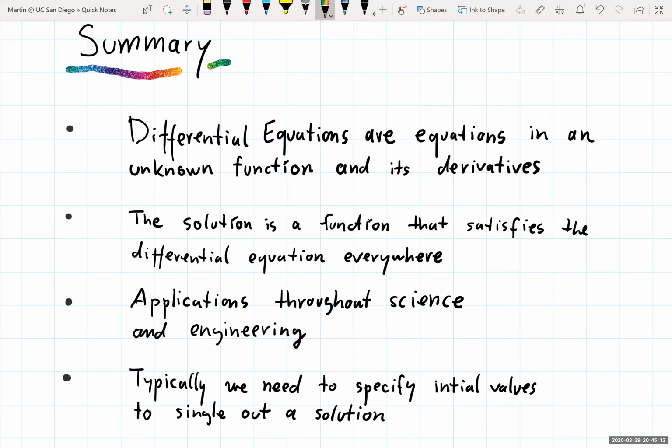And in numerical mathematics, we are satisfied if we just can approximate this function. In fact, the solution, just to repeat that, is a function. And that function is a solution if it satisfies the differential equation everywhere, which in this context means for every x.